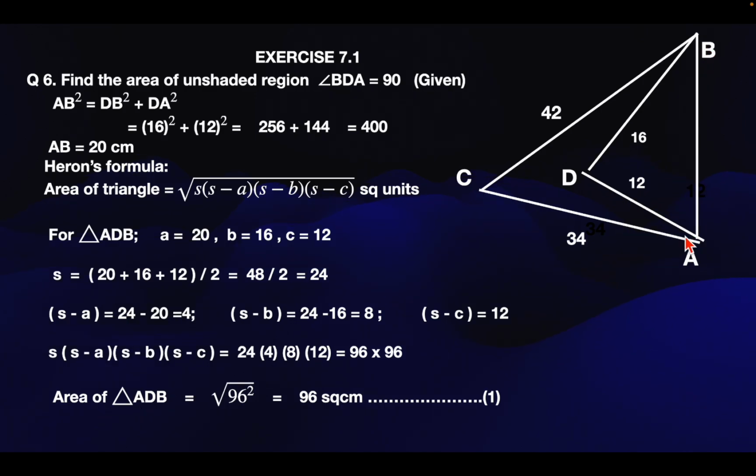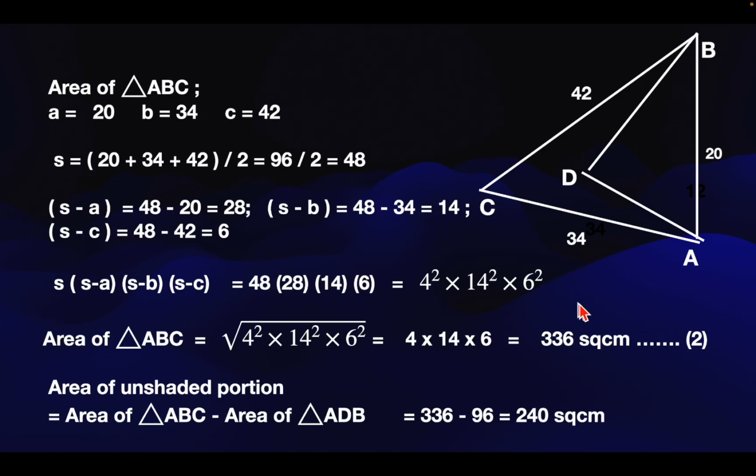Now we are going to find the area of this big triangle ABC, and then we will subtract this area from the big triangle area to get the area of the unshaded region. Now let's go to the big triangle ABC. Here the sides are 42, 34 and 20. A is 20, B is 34 and C is 42. Find S: add and divide by 2, you get 48.